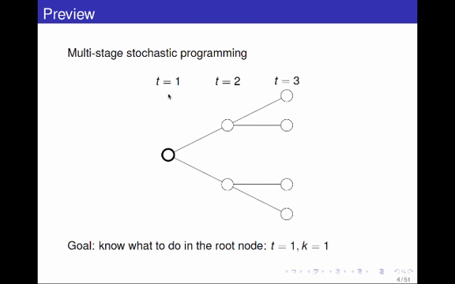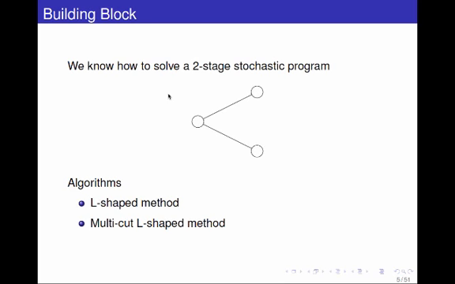For period 3, this is scenario 1, scenario 2, scenario 3, and 4. And the goal of solving this whole problem is we're solving it presumably at or before time 1. So we want to know what we should do at time period 1.